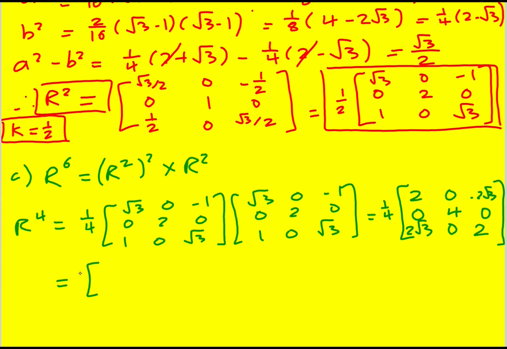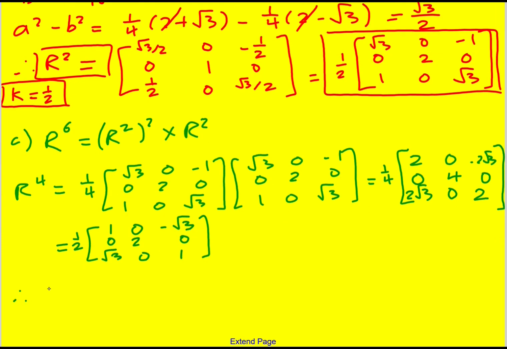And I can simplify that, might as well, to a half. 1, 0, minus root 3, 0, 2, 0, root 3, 0, 1. So therefore, r to the 6 is going to be, again, a quarter, because I'm timesing this by the original matrix.